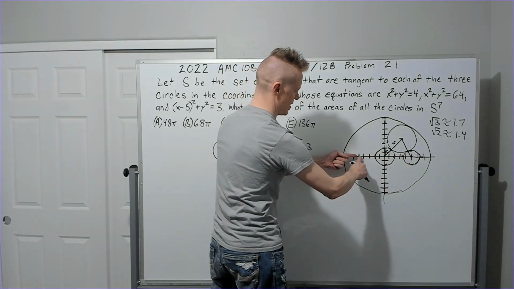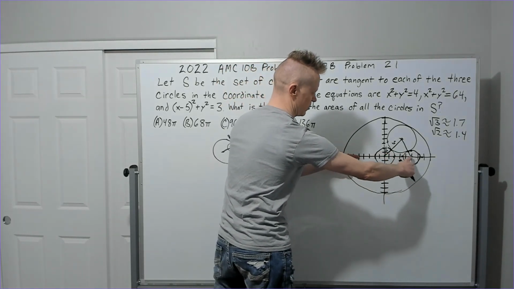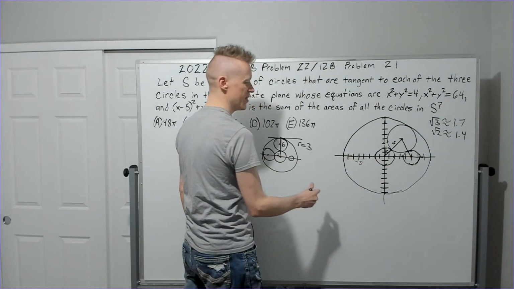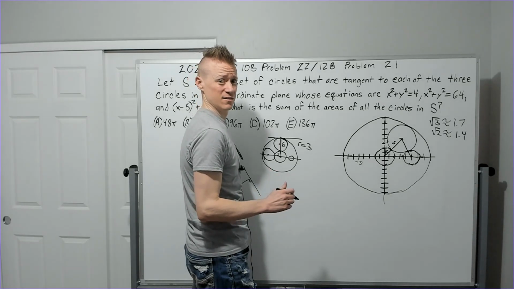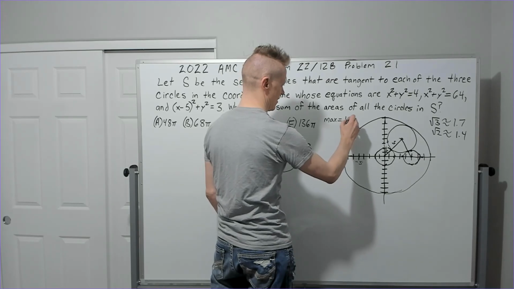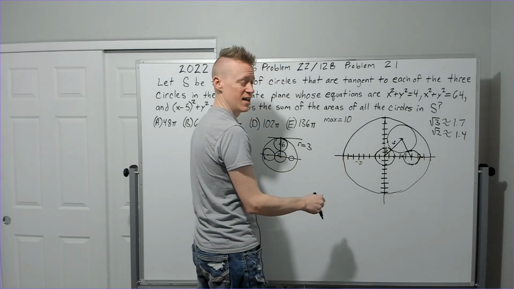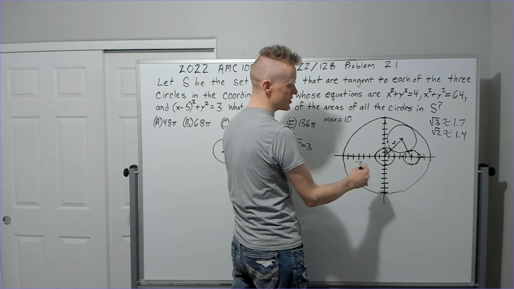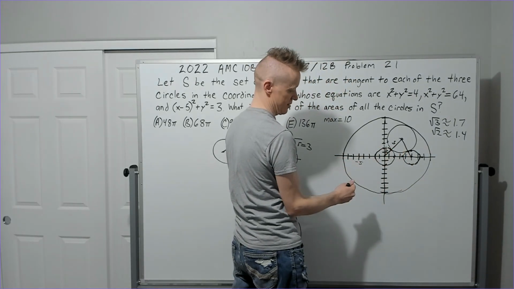So then it would mean that the distance from the center of this circle all the way to that circle is 10. Okay, so your maximum distance away is 10 from the centers. When I put this circle down here, again, what is its radius? Its radius is 3.